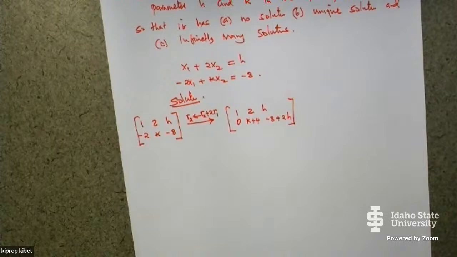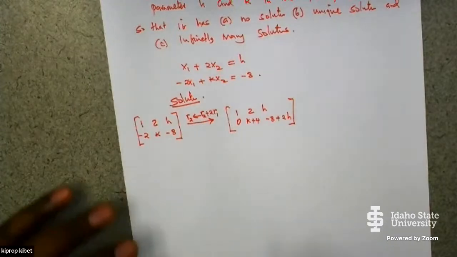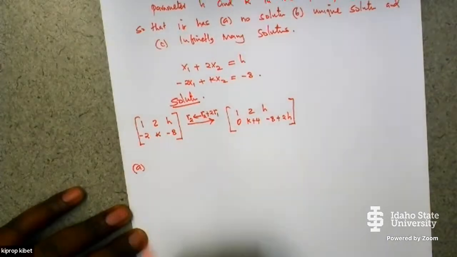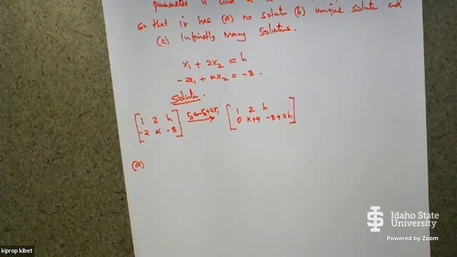Now, what will be the values of k and h so that we have no solutions? For the linear system to have no solution, this entry should be 0, and this one should not be 0.